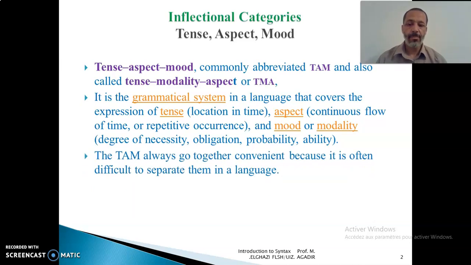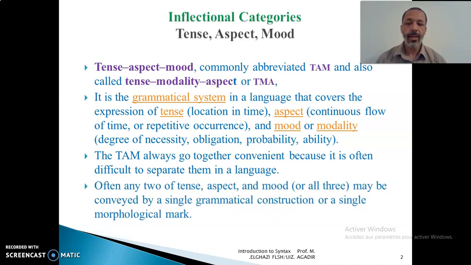So the TAM, tense, aspect, mood, always go together, and this is a convenient expression, which means to associate them together, because it is often difficult to separate them in a language. Often, any two of tense, aspect, and mood, or all the three, so sometimes you find tense and aspect, or aspect and mood, or tense and mood, and so on, may be conveyed by a single grammatical construction or a single morphological mark.